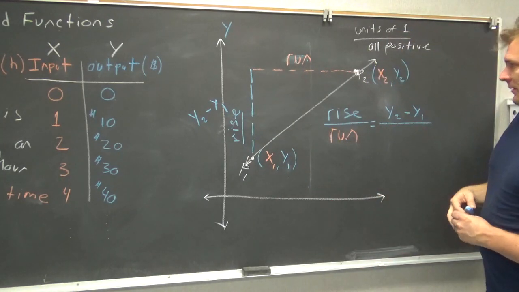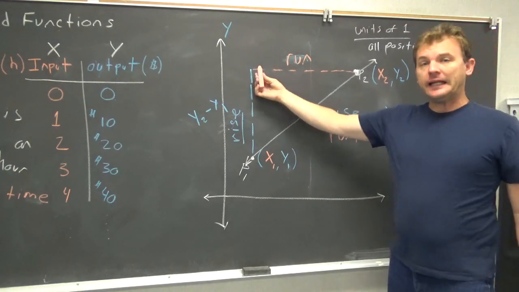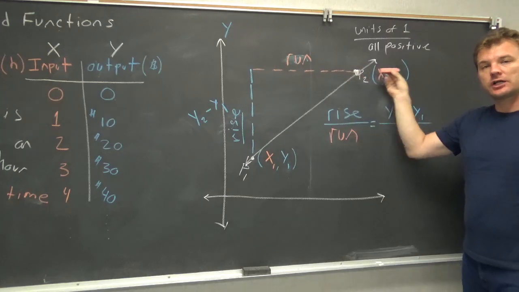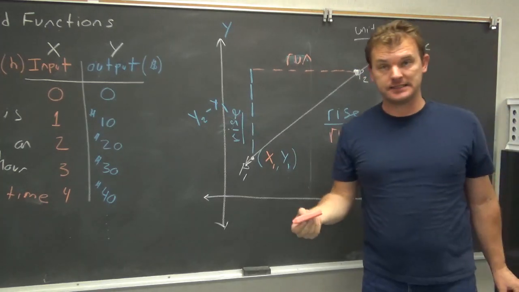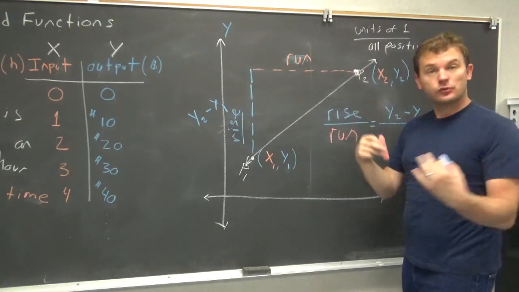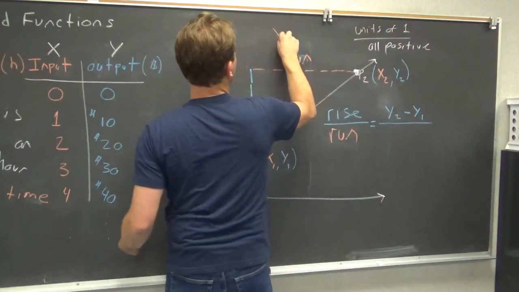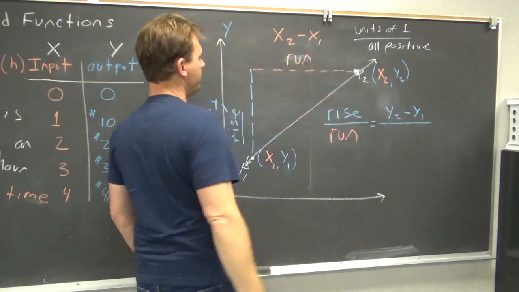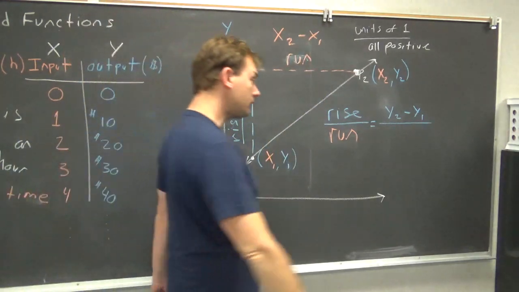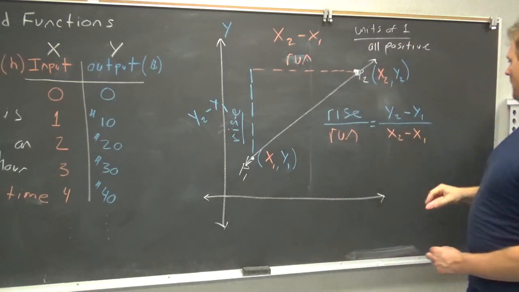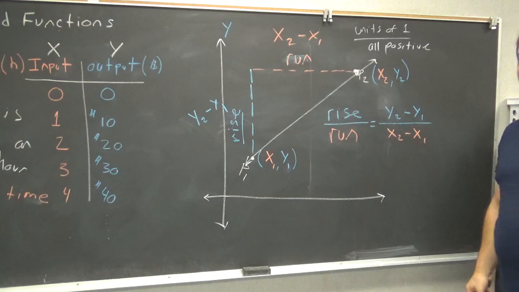Well, let me ask you something. If I'm running, I'm only going this direction. I'm only using the x's, so I'm going to take these 2 points and subtract them too. So I'm going to be doing something like this. I'm subtracting them, and that's what I get there.